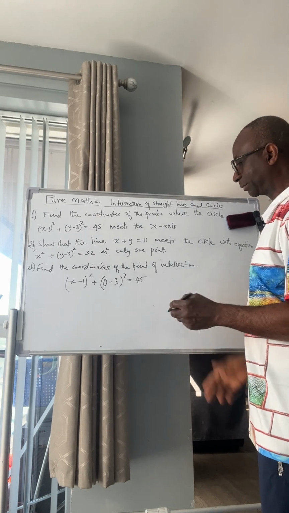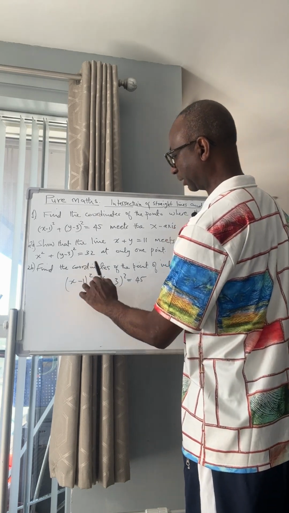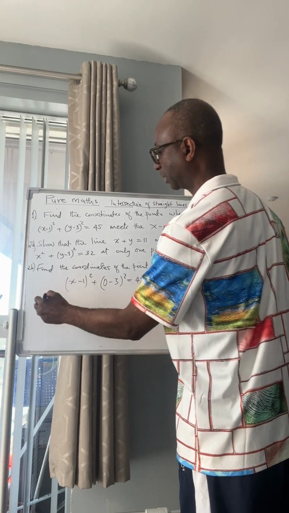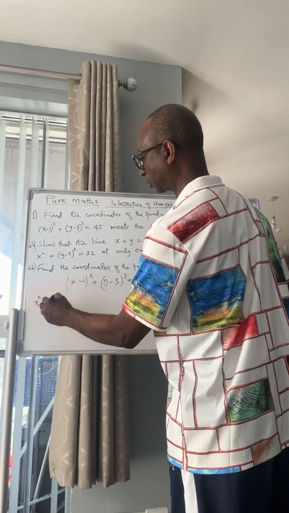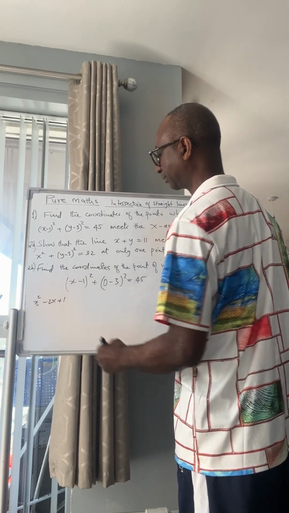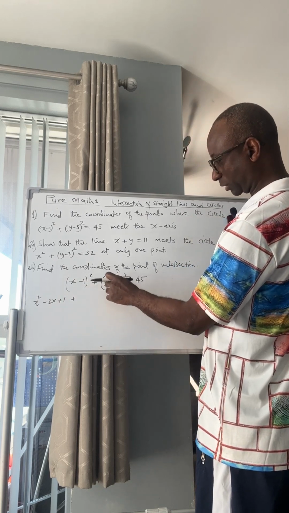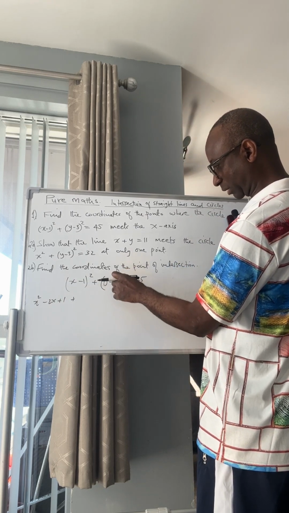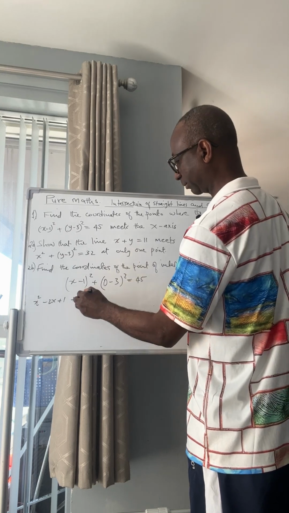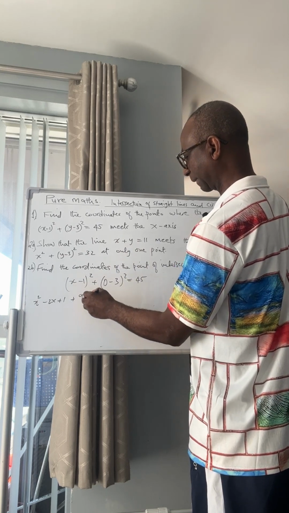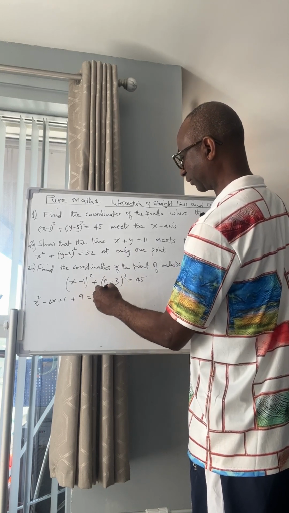Now, let's carry on. We expand this here, (x − 1)². You get x² − 2x + 1 plus 9, because (0 − 3)², you square −3, you get 9. So this is plus 9 equals 45.